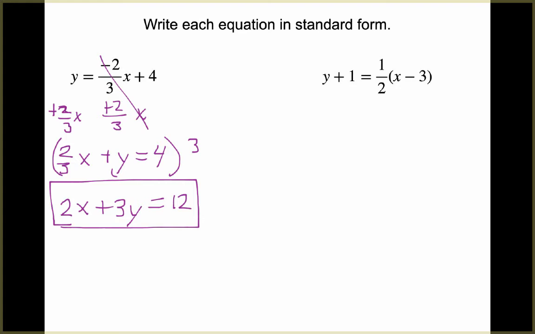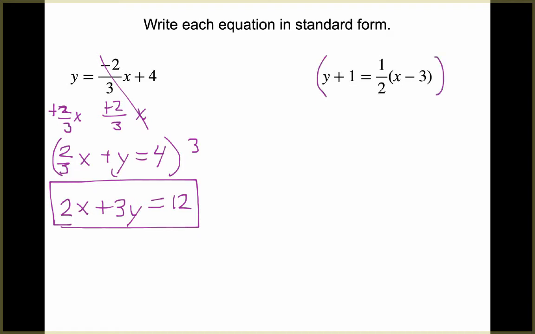We have no fractions, and our leading coefficient is a positive 2. Looking at the equation on the right, again, we can do one of two things. We could distribute the half into the x minus 3, or we can get rid of our fraction first. And this one, I am going to get rid of my fraction first, so I can show you how this works. So we have 1/2 on the right times x minus 3.